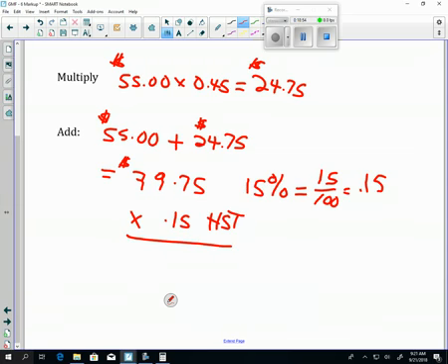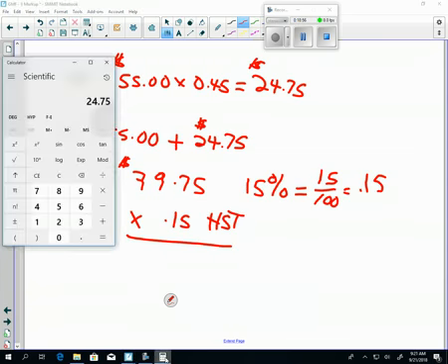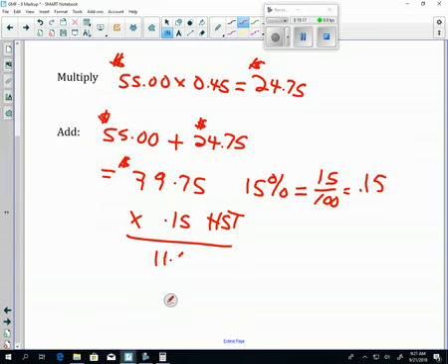So if we go back to our calculator, clear this. Well, I'll add the 55 on here. There's our $79.75. Now we multiply by our tax, 0.15. And it's $11.96. That's the tax.